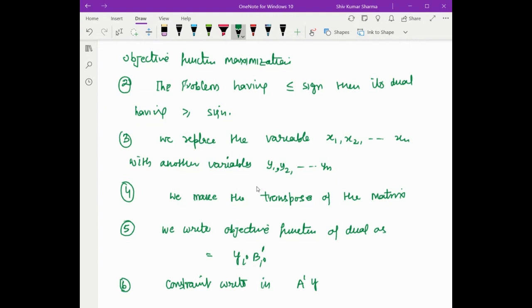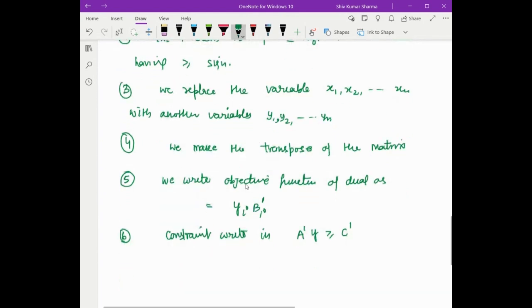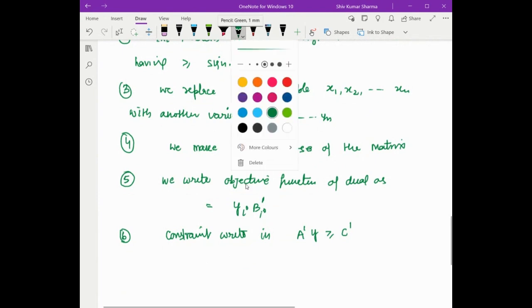If the primal problem is less than equal to, we write greater than equal to, obviously. And here we write C, the cost transpose. So we remember all these points before we write the dual of any programming problem.